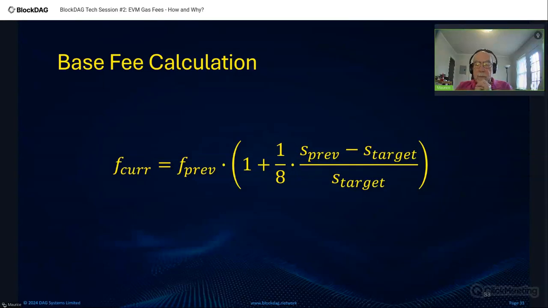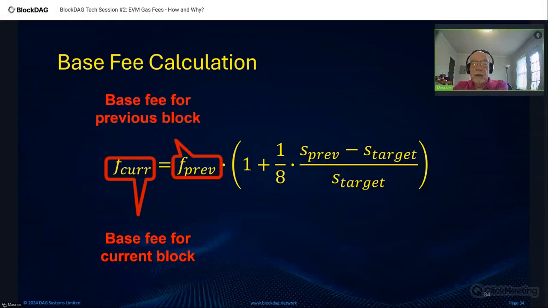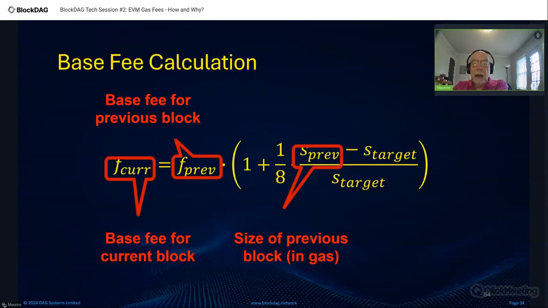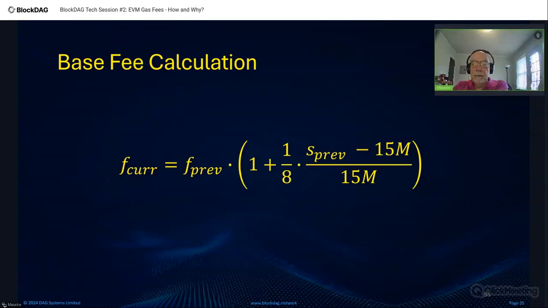So don't panic, but this is the formula. I'll explain it step by step. The current fee is a function of the previous fee. This is the size of the previous block in gas. This is the target size, which is a constant, 15 million. And so let's plug in the 15 million.